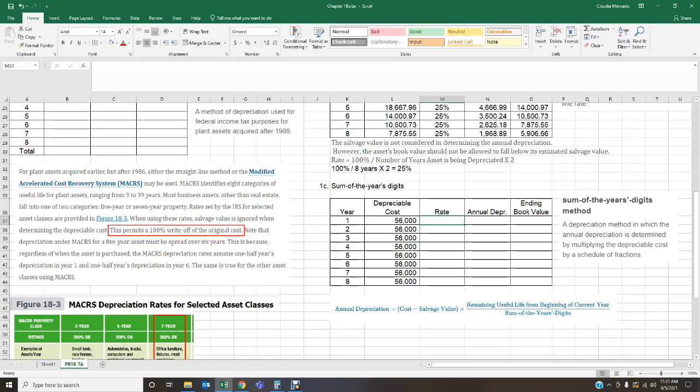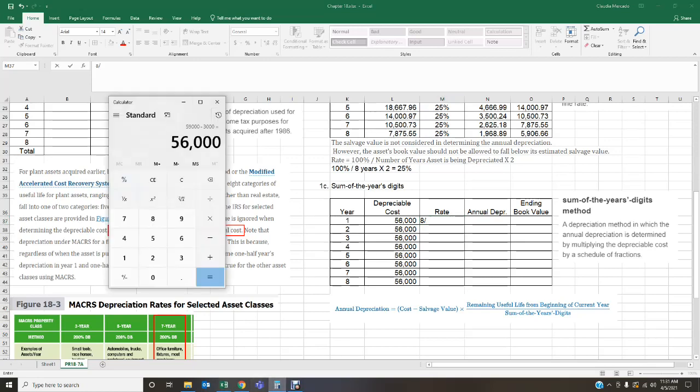To calculate the rate, we're going to get the remaining useful life from the beginning of the current year. So in this particular case, we still have 8 years to go. So that's going to be an 8, and I'm going to divide that by the sum of the year's digits. So what does that mean?